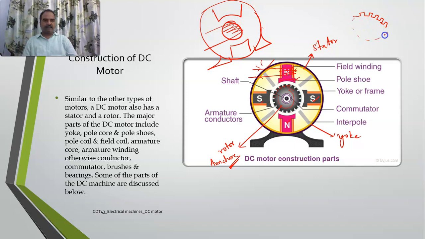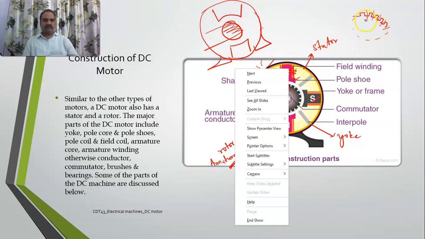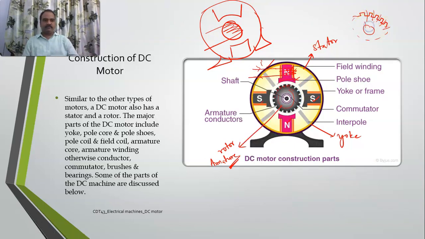Slots will be there, and in these slots your wire will be drawn, which will act as a conductor. You call these armature conductors. At the center of this, you will have a commutator to which all the conductors will be drawn and connected. If you see it in horizontal view, it will be like this.